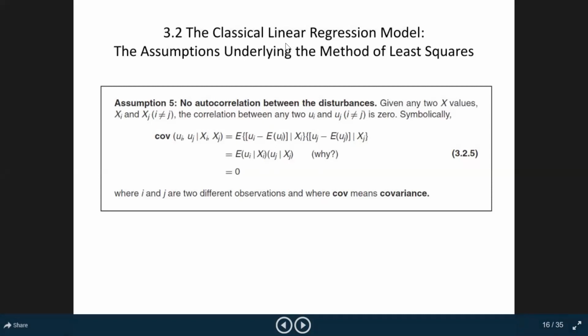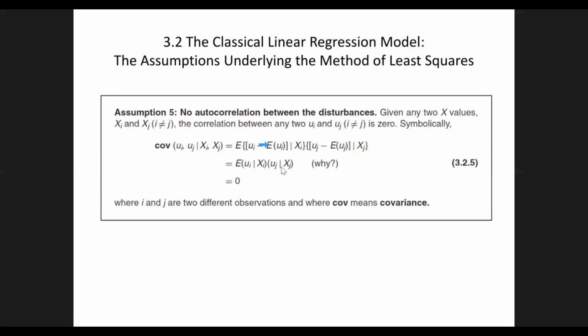So it is clear, as we studied, that this term, expected value of ui for the given value of xi, is nothing but the mean of the ui, and we proved that it is 0. Similarly, this term, expected value of uj for the given value of xj, is also the mean of the term, which is 0.